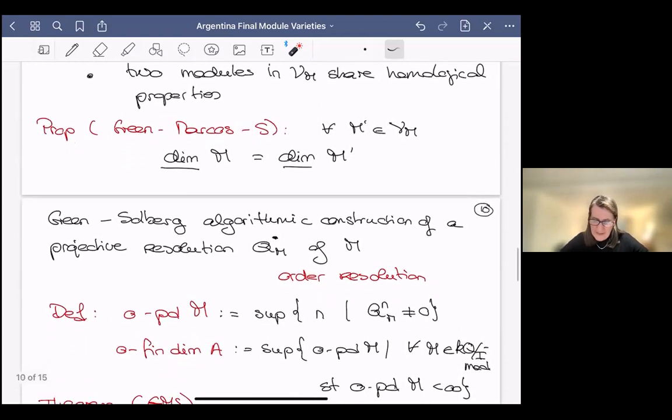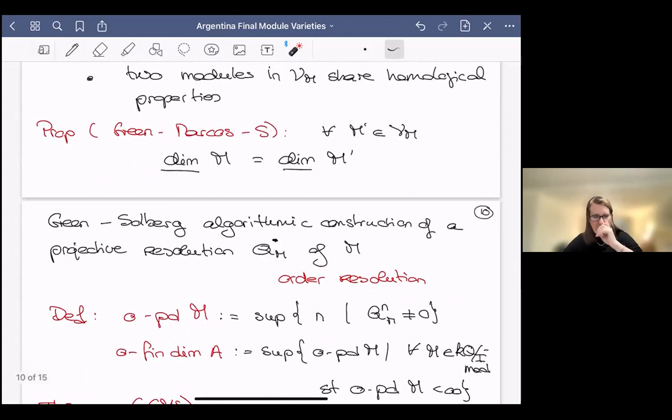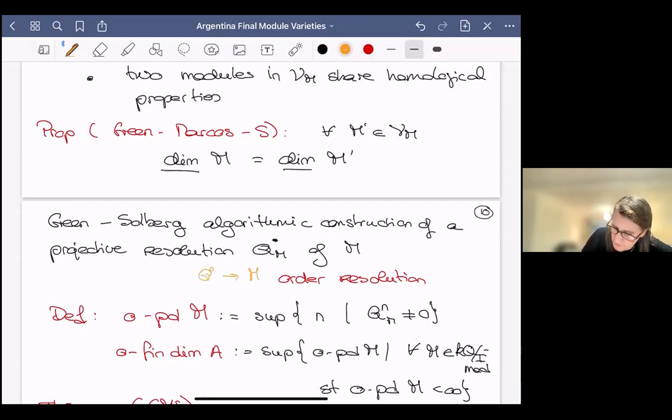And that, of course, is a problem. Okay, but we can define the known homological quantities with regards to that particular resolution. So we define the O projective dimension. If we have an order resolution, this means we have M, then we construct a projective KQ mod I module Q0 projecting onto M, and we have then another projective Q1M, Q2M, and so on.